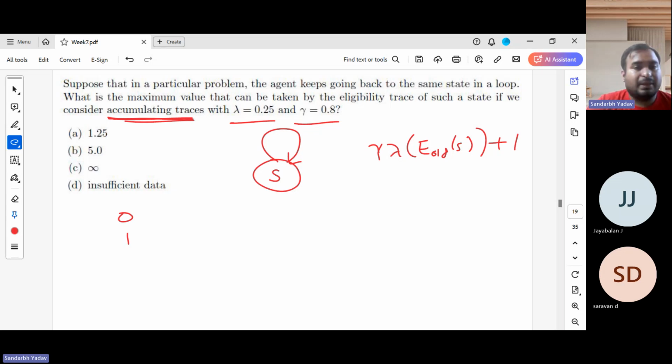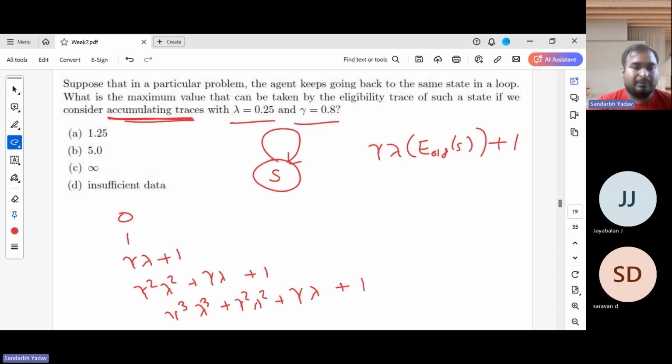Next time you visit, you will get gamma lambda plus 1, right? Again you will visit. First this will multiply with gamma lambda, then it will become gamma square lambda square plus gamma lambda plus 1, right? And again if you visit, first multiply, then add 1. So gamma cube lambda cube plus gamma square lambda square plus gamma lambda plus 1.